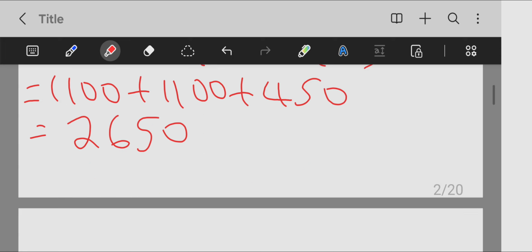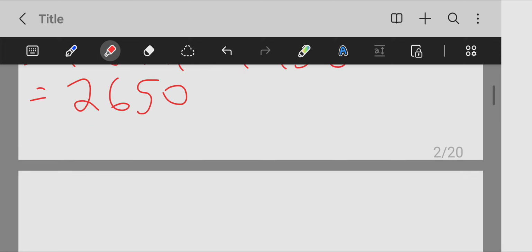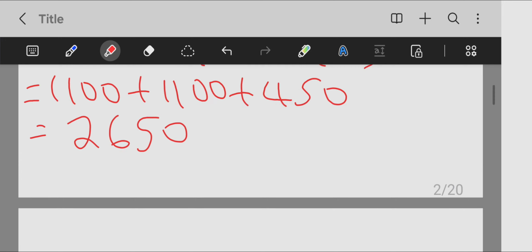Now, this 2650 is not money. It is the proportion of the director's fees for this director who has been receiving 100% for 11 months, and this one who received 90% for 5 months. When we add these proportions together, they give us this whole.